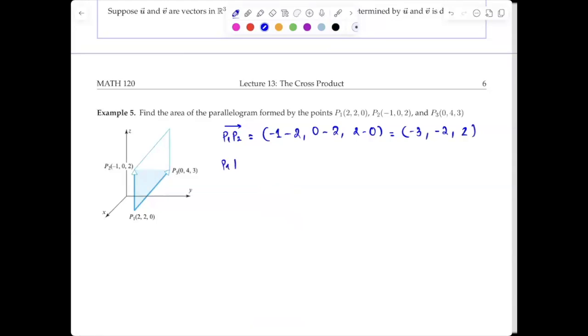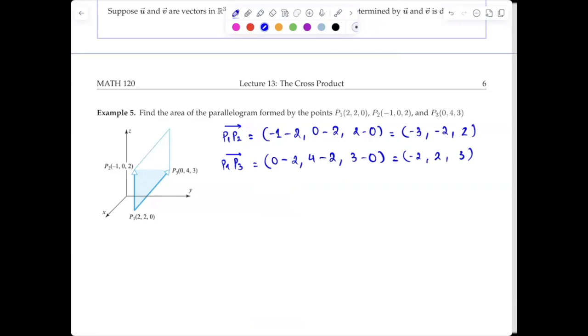Now for the vector P1P3, P1 is the initial point, P3 is the terminal point. So you get 0 minus 2, 4 minus 2, 3 minus 0. And this gives me -2, 2, 3.